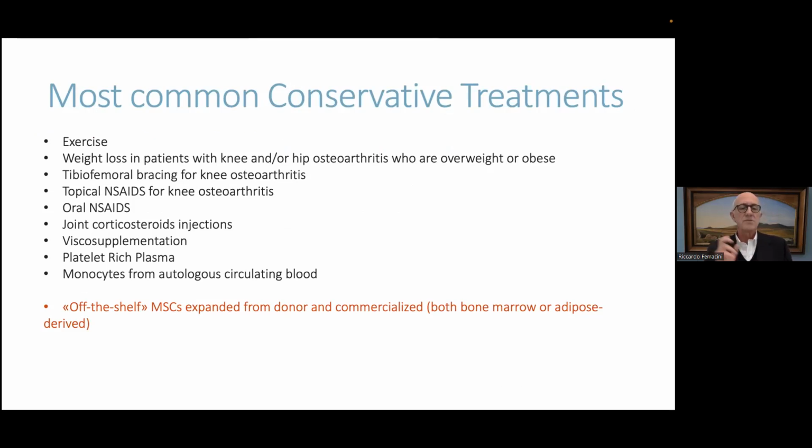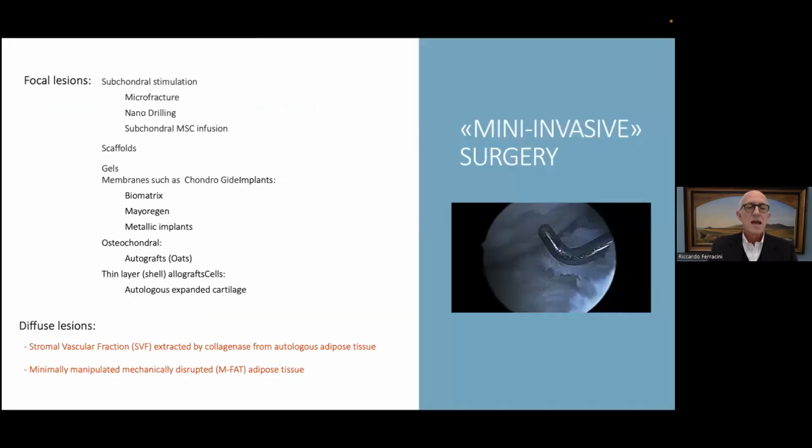At some point there comes out from the US mesenchymal stem cells from donor, commercialized. This is the first thing that we don't use in Europe for regulatory reasons, but I will not get into that in detail. And then there is minimally invasive surgery.